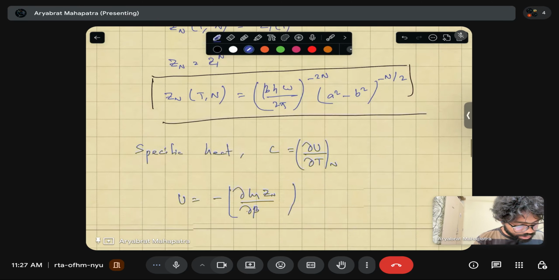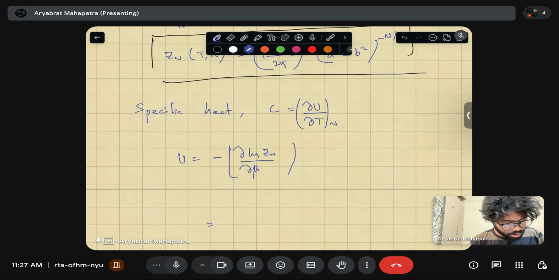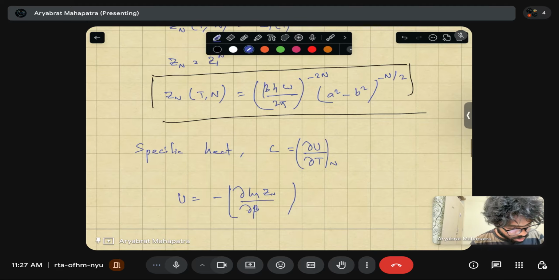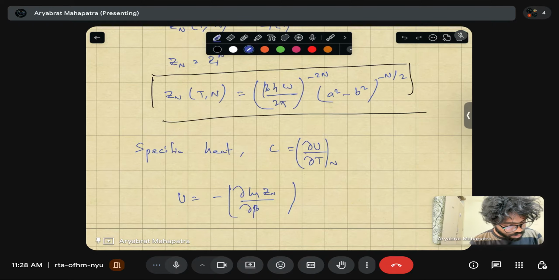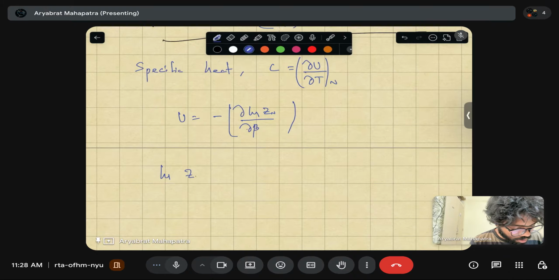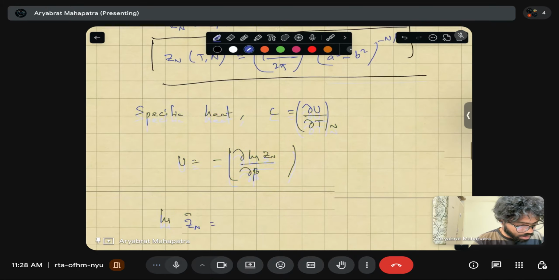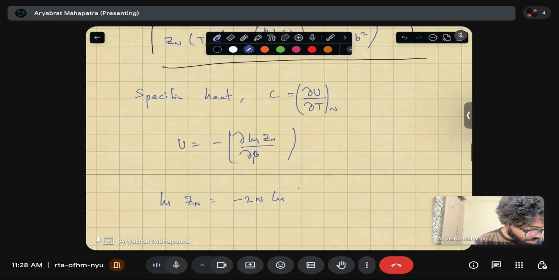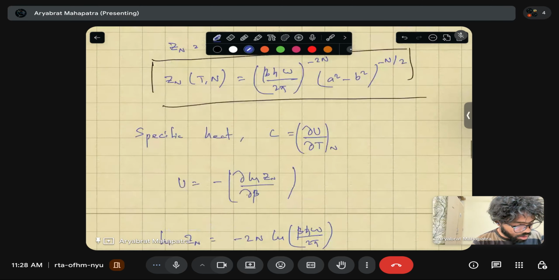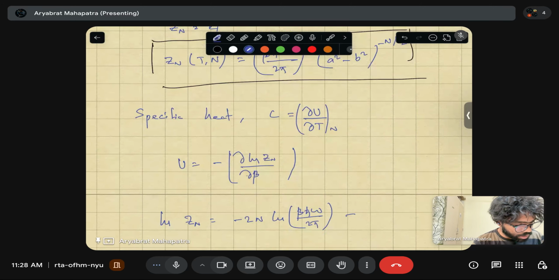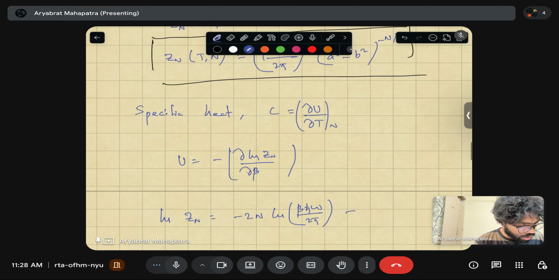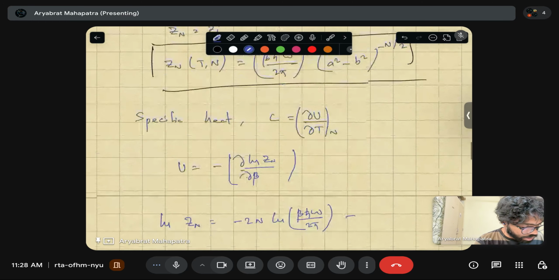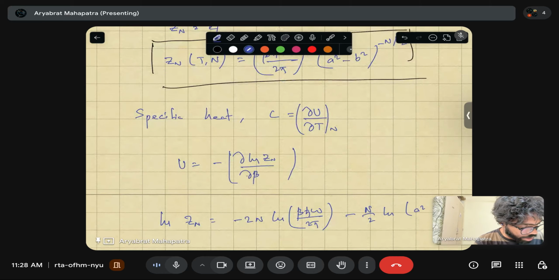log of Gn. If you take log of Gn, it is basically minus 2n ln beta h bar omega over 2 pi, then you have something minus n over 2 ln a square minus b square.